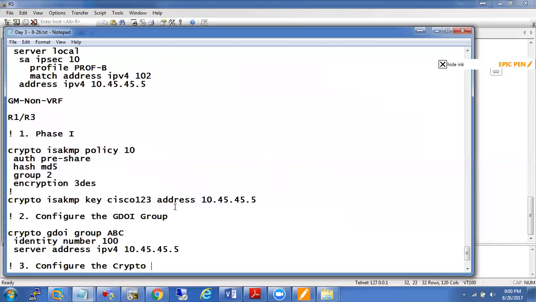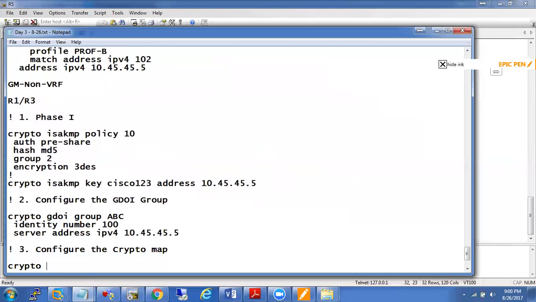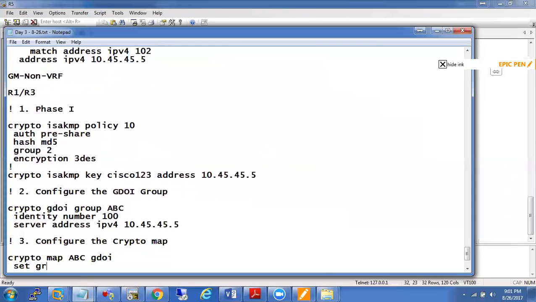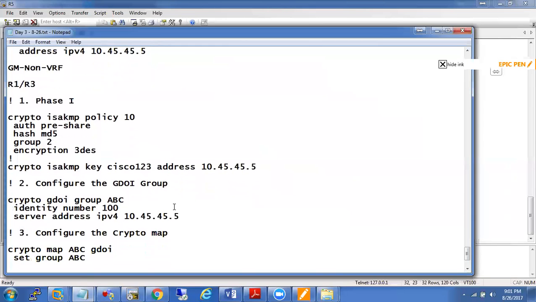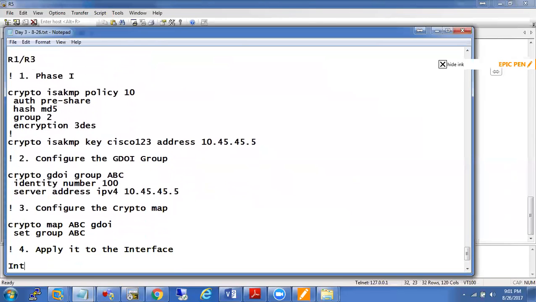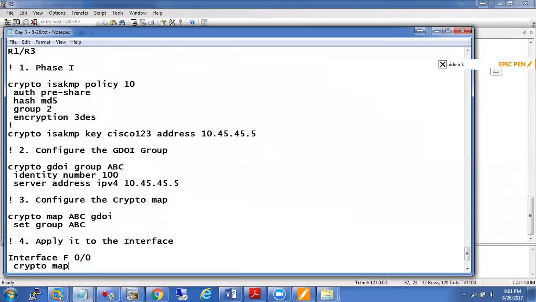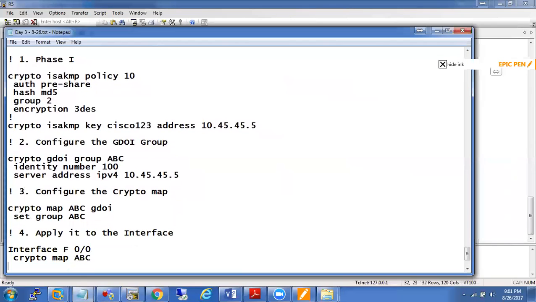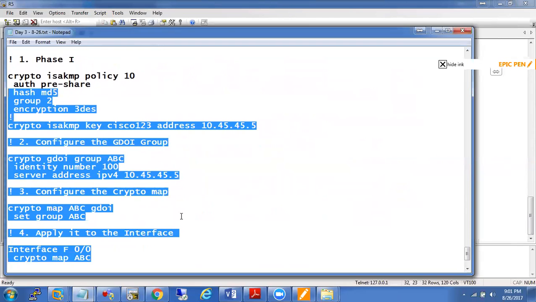Configure the crypto map. Crypto map ABC GDOI, set group ABC. And the last thing, apply it to the interface. In our case, the interface was F0/0, crypto map. I call it ABC. So this should be the config on R1.